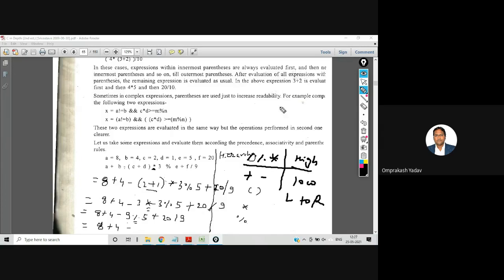The mod sign will always give you the remainder. For example, if I have 3 mod 2, one time it will go, remainder will be 1. Similarly, 9 mod 5 will give one time, and the remainder will be 4. So here I'm writing 4, then plus 20, and then 9.